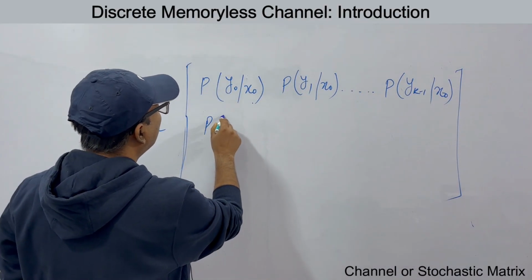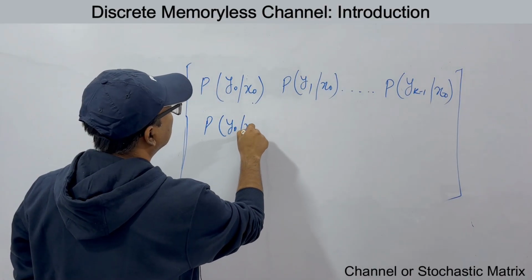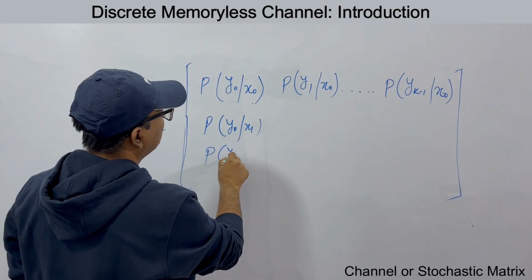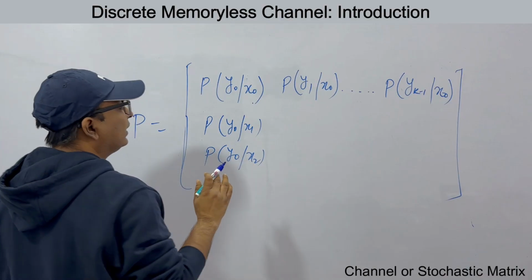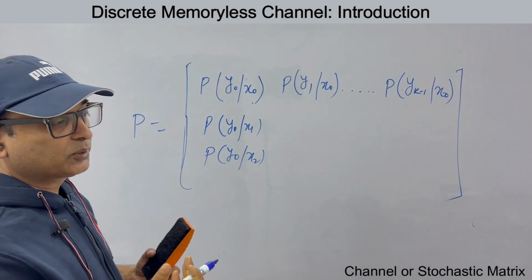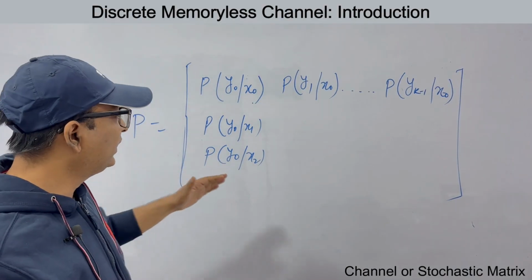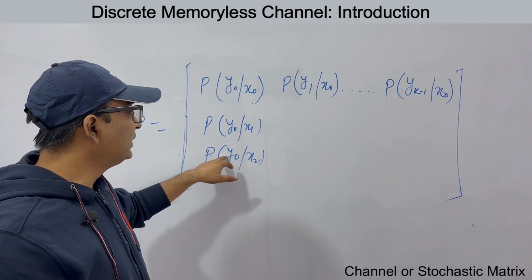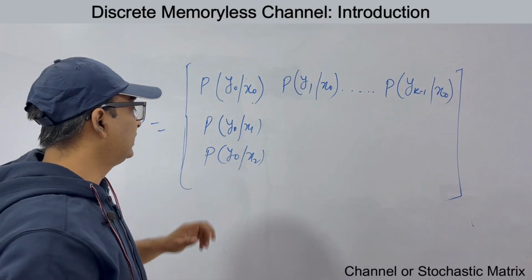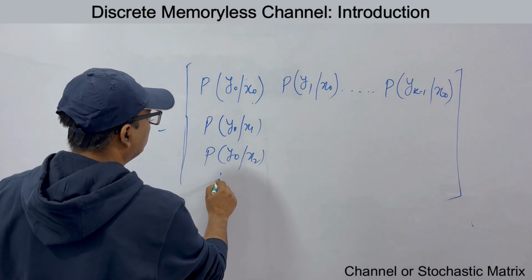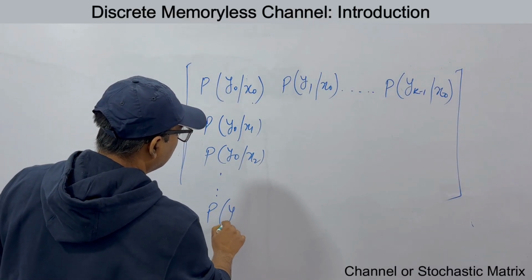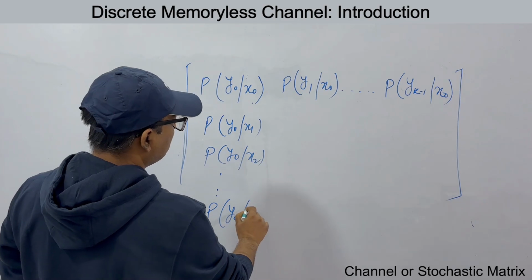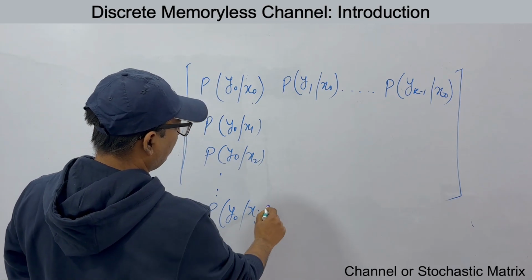Similarly, you receive y0 while you send x1. You receive y0 while you send x2. This is a very crude language to express that you send and you receive. We are talking of probability, transitional probability of y0 with respect to x2. So this goes on up to the last term, that is x_(J-1). Okay.